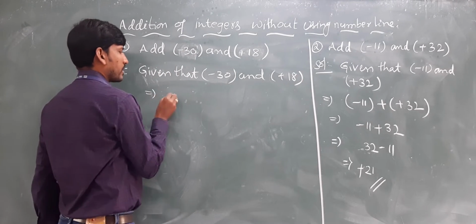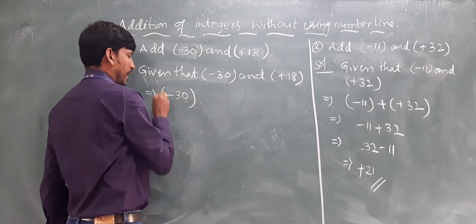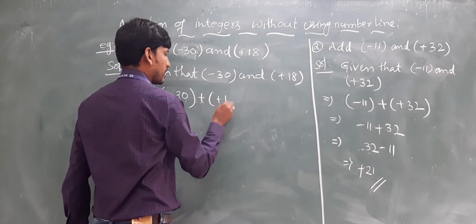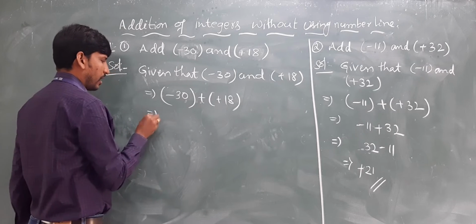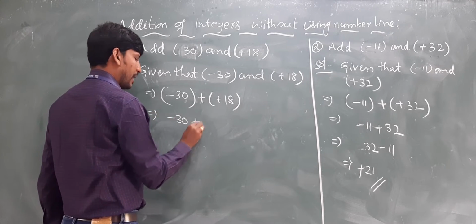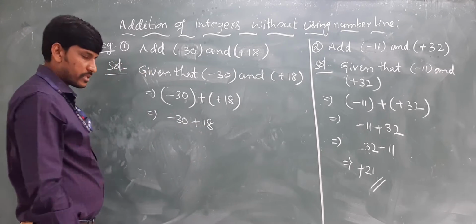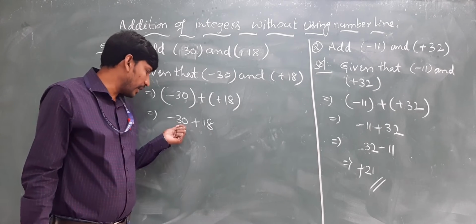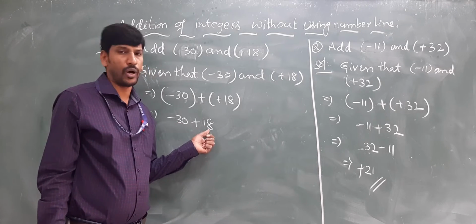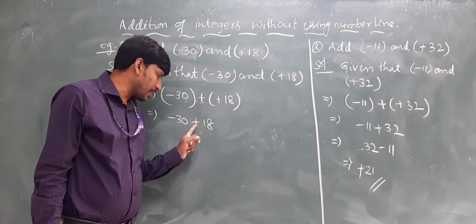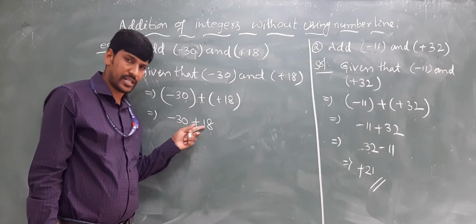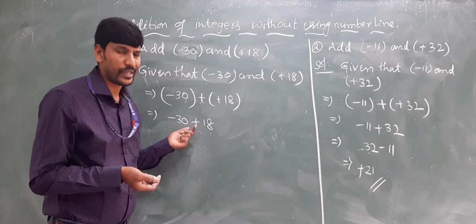Now, this implies minus 30 in brackets plus 18. Plus into plus is equal to plus only. So minus 30 plus 18. Observe this, 30 and 18. 30 is the bigger value, 18 is the smaller value. 30 has a negative sign, 18 has a plus sign. Both are different signs. What are you going to do?